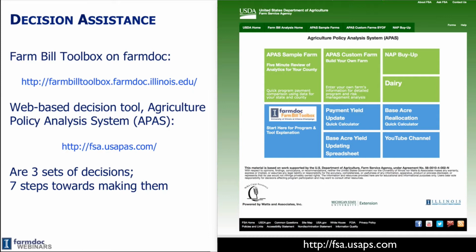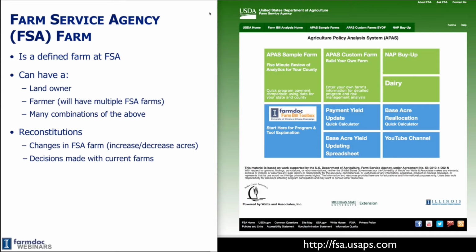As far as the decisions you're going to be making, just some background information. You probably all know this, but it's very important. It's going to be made on an FSA farm basis. Most farmers have multiple FSA farms. So if you have 5 FSA farms, you will be making 5 sets of decisions. They can vary across those FSA farms. Those FSA farms are defined by FSA, and they can have a landowner and a farmer, and we can have many combinations of that, actually.